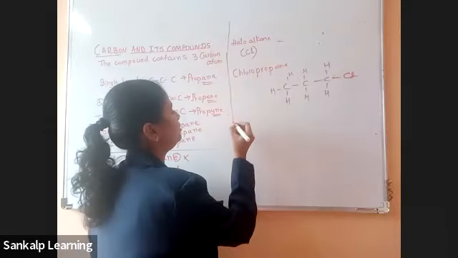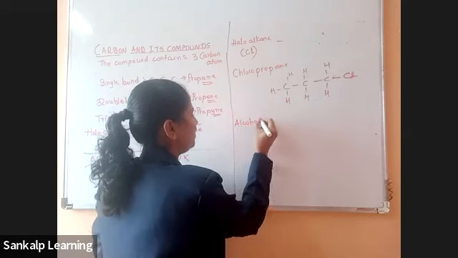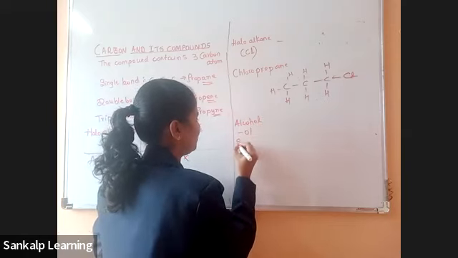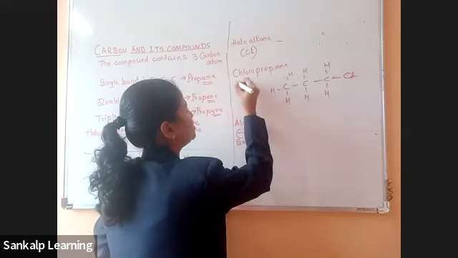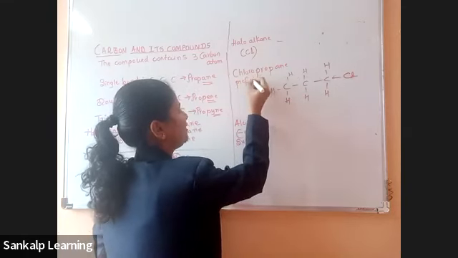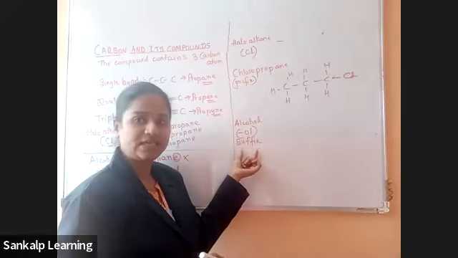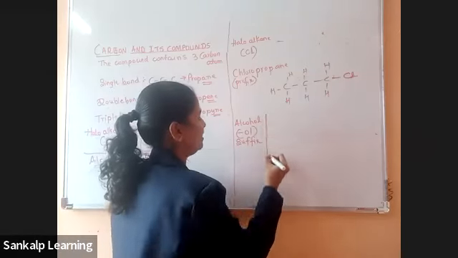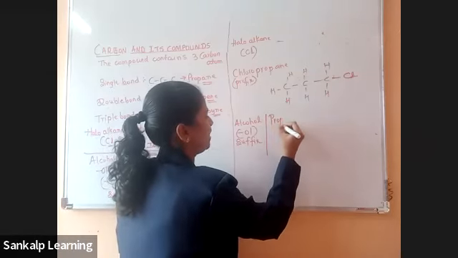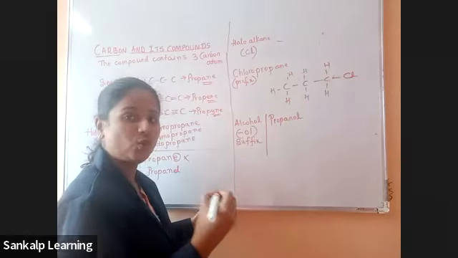Similarly, we saw for alcohol, right? So alcohol, when it is attached, the suffix would be OL. The halogens will be prefix. Halogens, when halogens will be attached, it will be prefix. When alcohol is attached, it will be suffix. So as it is attached to the propane, the name will be propanol. E will be replaced by OL.